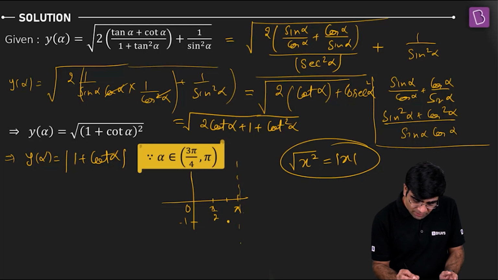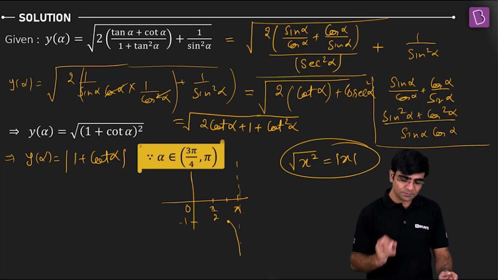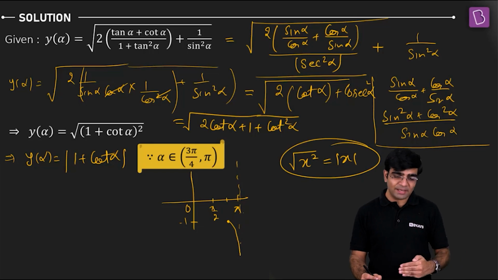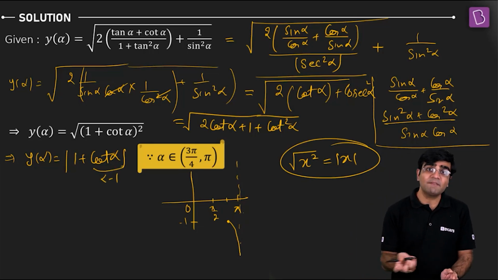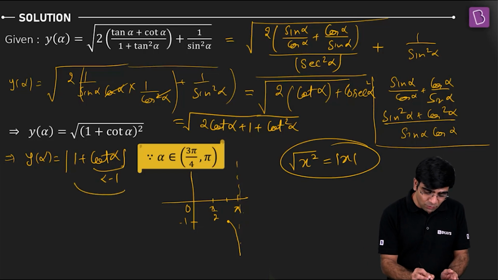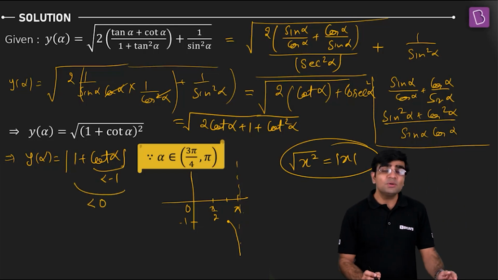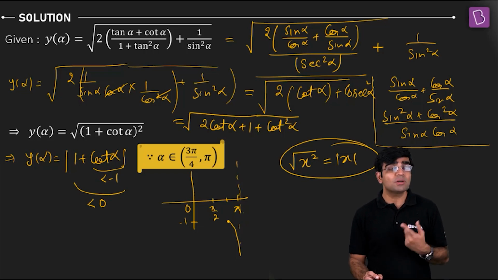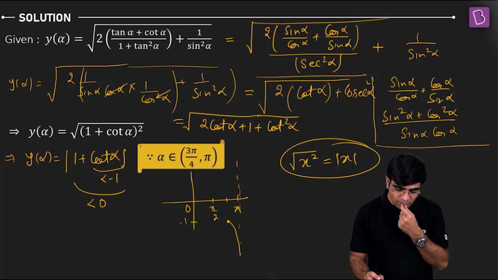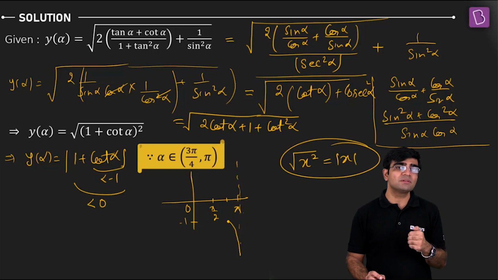So it starts from here and it goes somewhere like this. So it's basically less than -1. So cot alpha is less than -1. And if I'm adding 1 to that value, this value is what? Less than 0. And if the term inside the modulus is less than 0 or negative, then the modulus opens with the negative sign. Exactly, that's what the situation is.